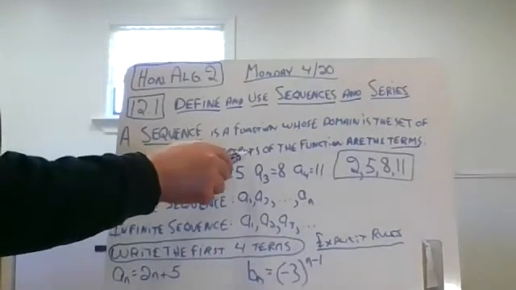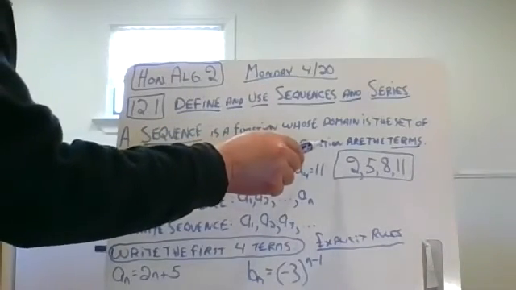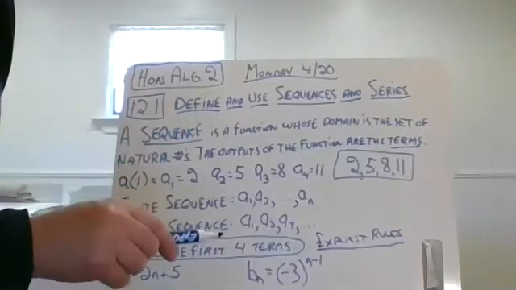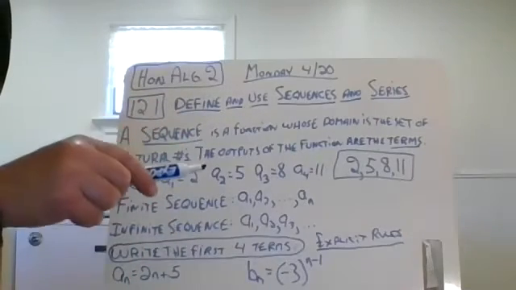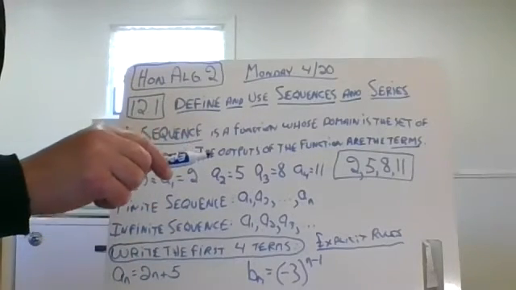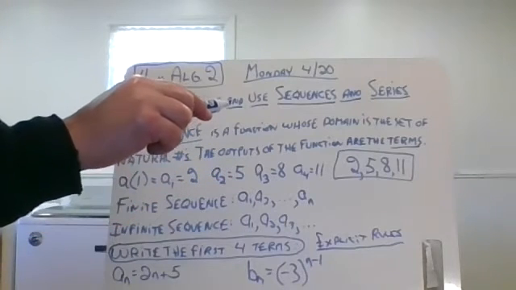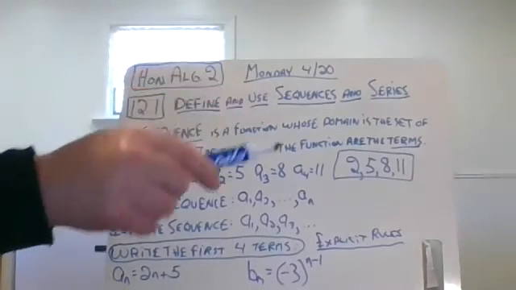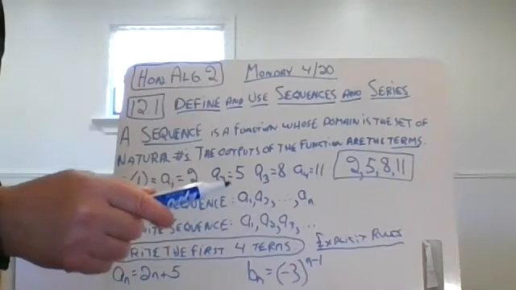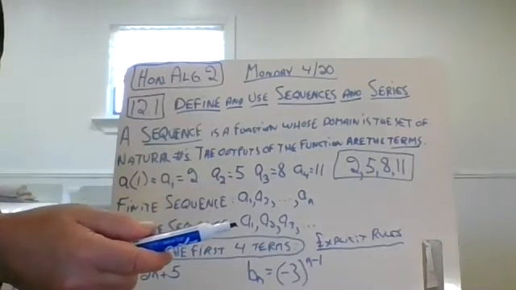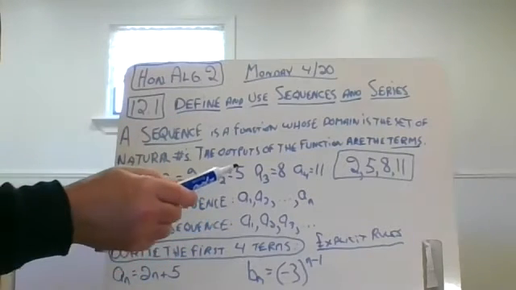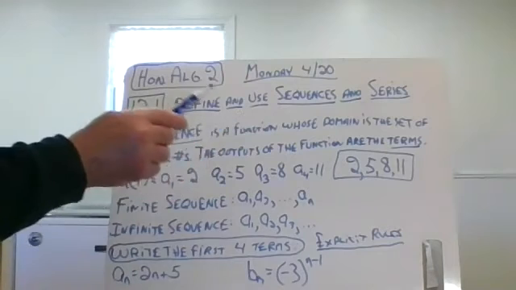The outputs of that function are the terms of the sequence. So when you talk about a sequence of numbers, you're just talking about having numbers separated by commas. That's a sequence of numbers. What they really are is outputs to a function.